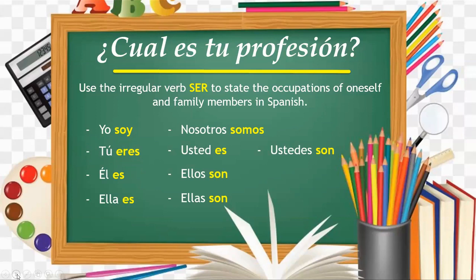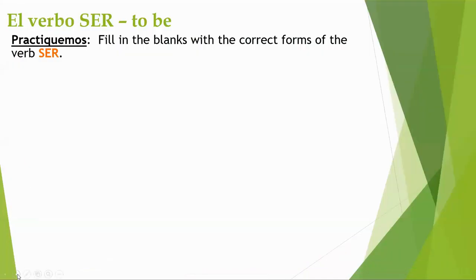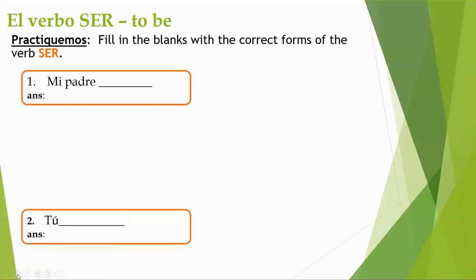Even though it's an ER verb, it's irregular, so it does not take the regular endings of ER verbs, right? It's different. So you have yo soy, tú eres, él es, ella es, nosotros somos, usted es, ellos son, ellas son, ustedes son. And you're going to use the same information in activities that are coming up, okay? Again, you're practicing the verb ser.